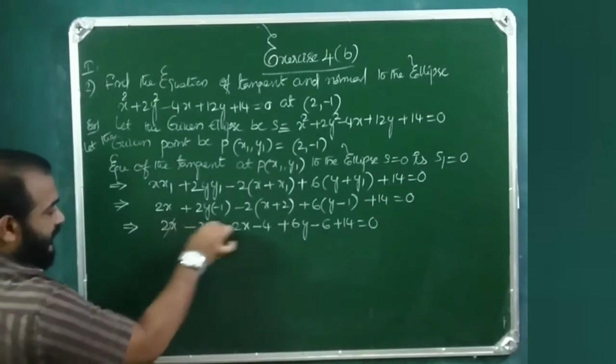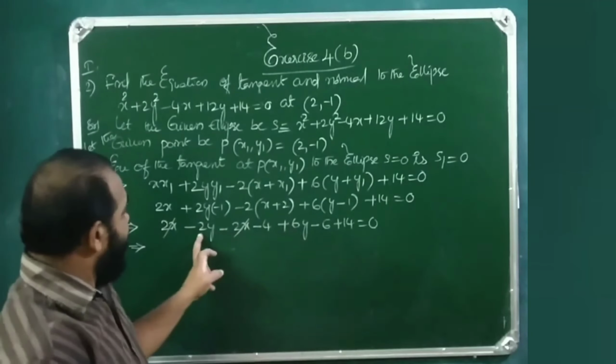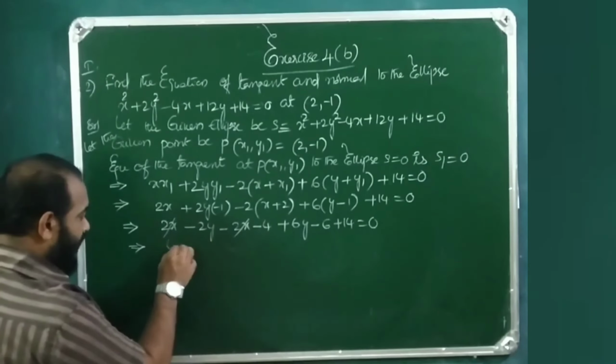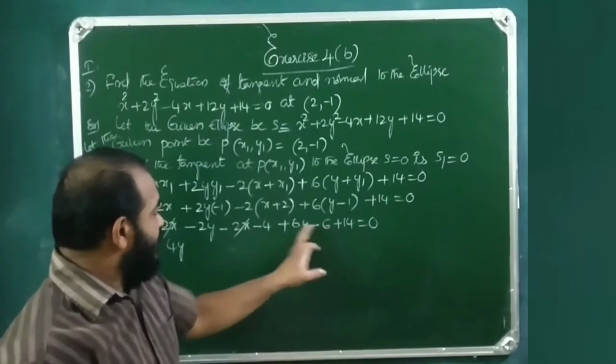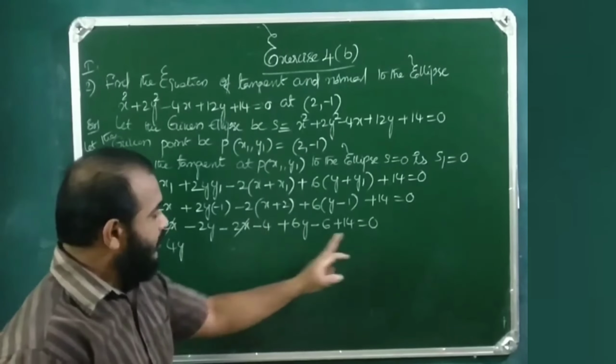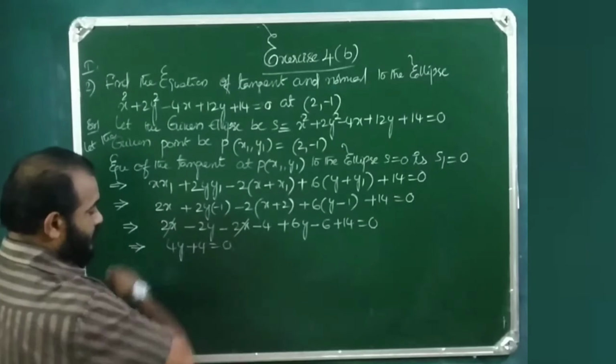So 2x gets cancelled. 6y minus 2y is 4y. Minus 4 minus 6 is minus 10, and minus 10 plus 14 is 4, equals 0.